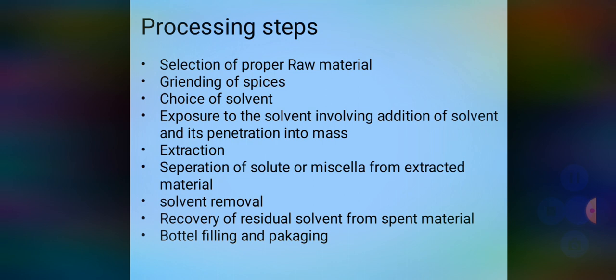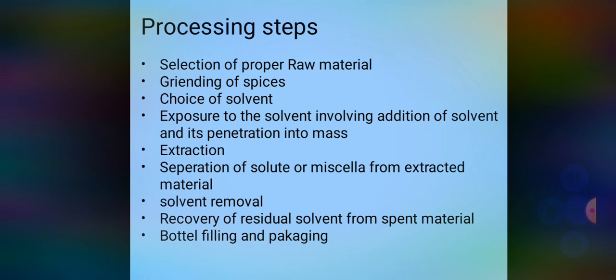Supercritical extraction is quite a different method for extraction of spices, and it is more useful and less time is consumed. The supercritical fluid extraction is an environmentally friendly process. So we are going to see firstly the traditional method of oleoresin extraction, that is solvent extraction.